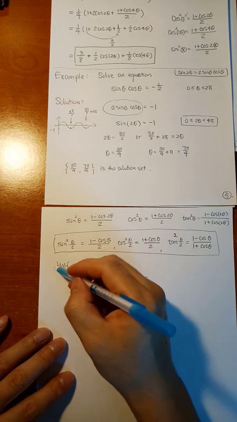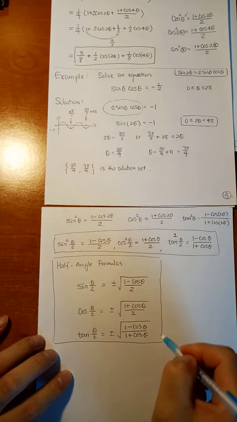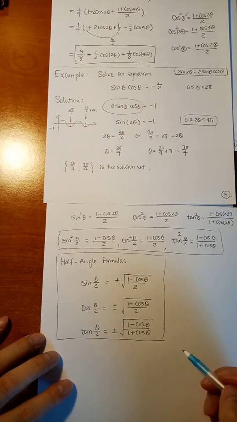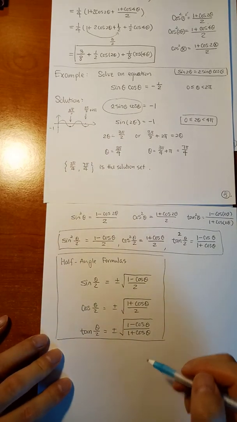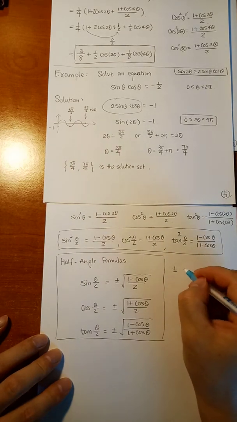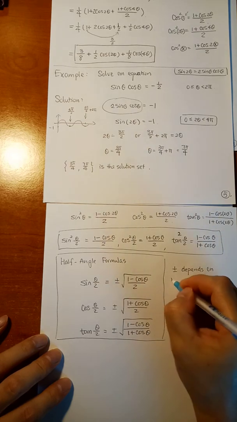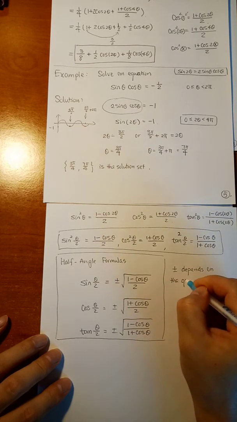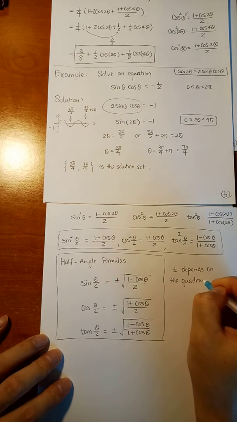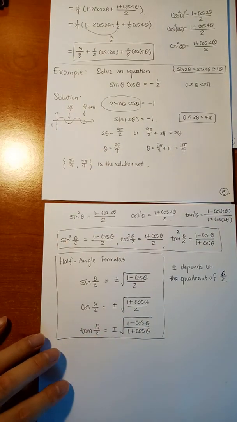So this is called the half angle formula, and the plus or minus sign depends on the quadrant of the half angle, theta over 2.